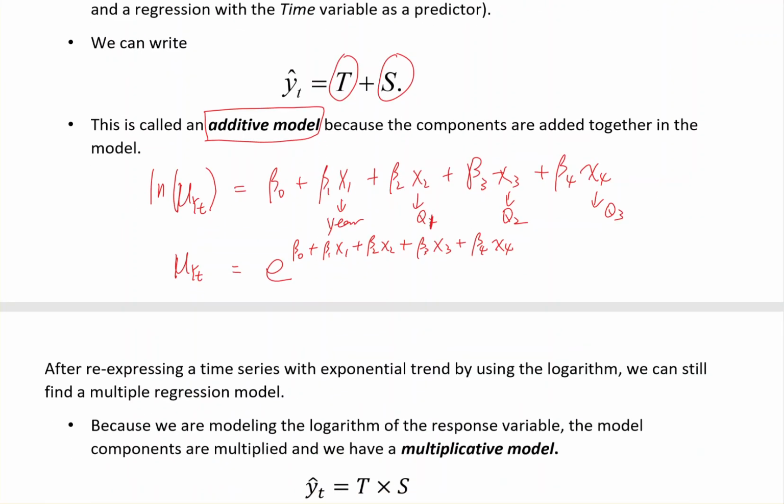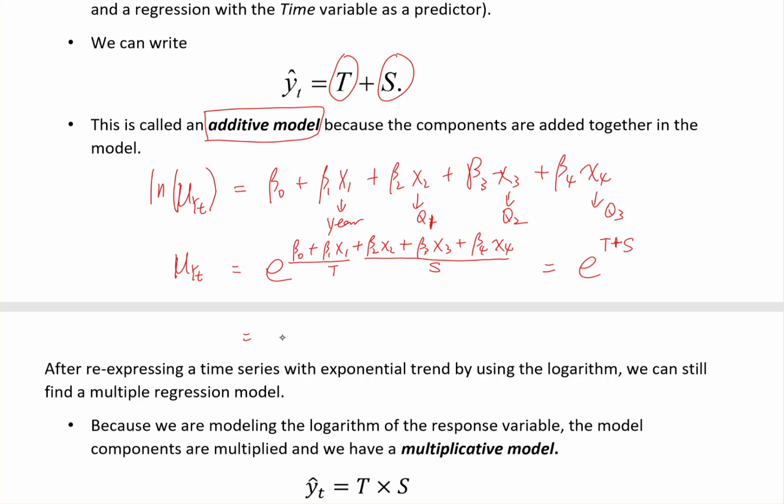And then what is the relationship here? Beta 0 plus beta 1 x1 is about the trend, and the other three will be about the seasonal component. So actually it is the exponential of T plus S, the trend plus the seasonal component. What is the relationship for these two then?